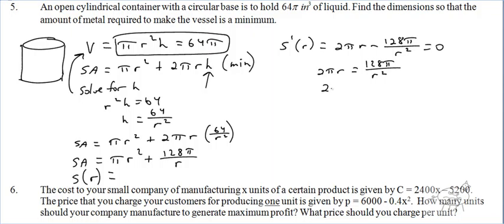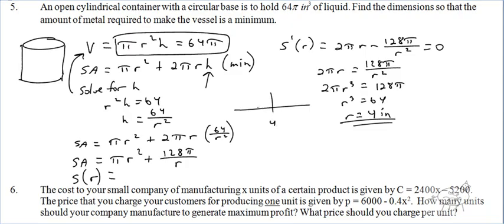Cross multiply: 2 pi r cubed equals 128 pi. And the pi's cancel out, divide by 2, so I get r cubed equals 64, so r is equal to 4 inches.